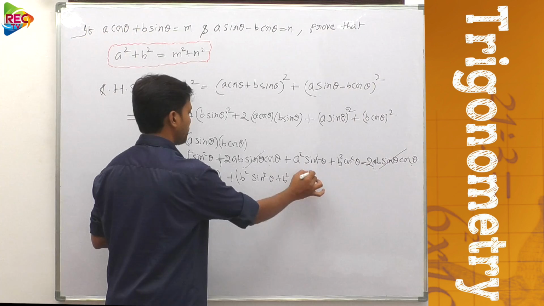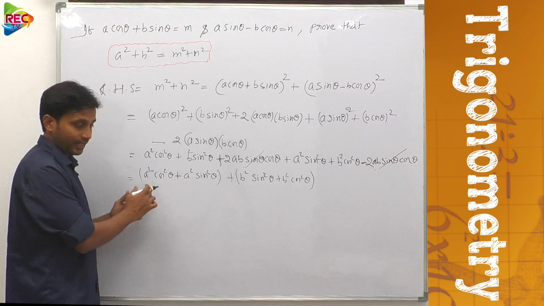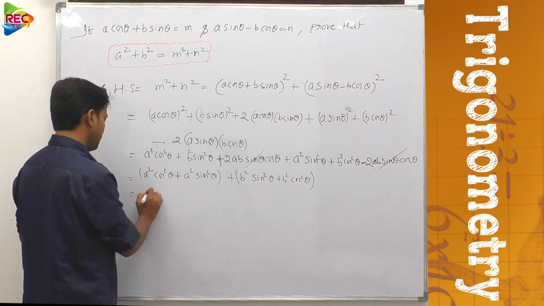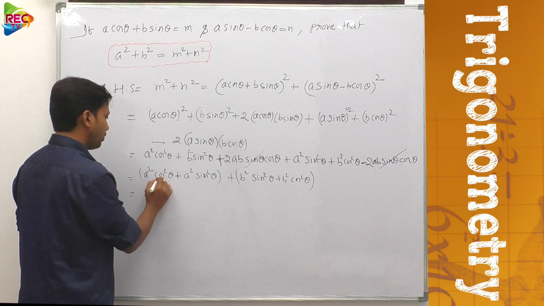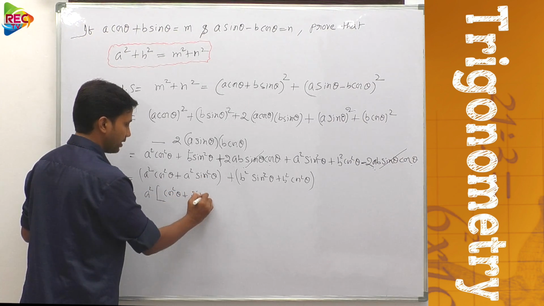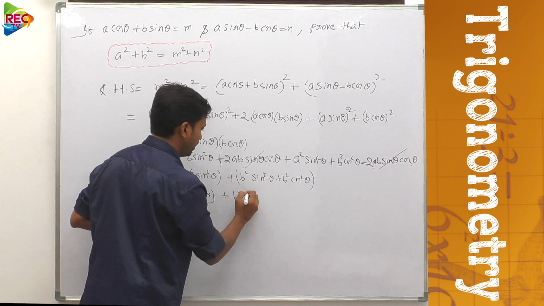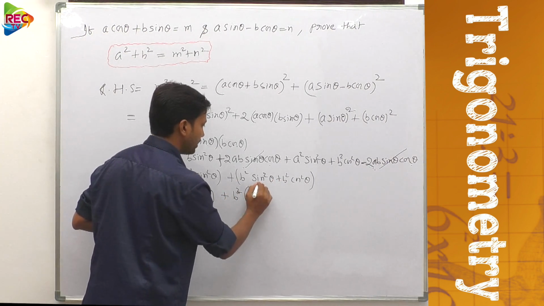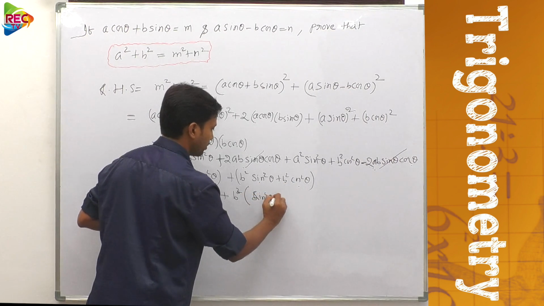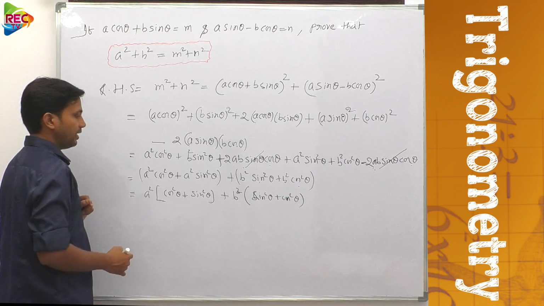These two are grouped together. Now what are the common factors? a square can be taken out. What is left over? cos square theta plus sin square theta. Plus b square can be taken common, into sin square theta plus cos square theta.